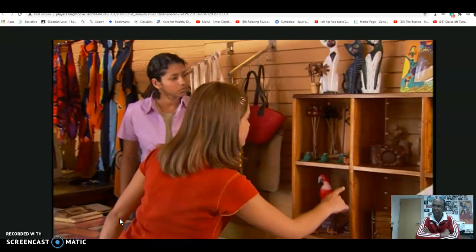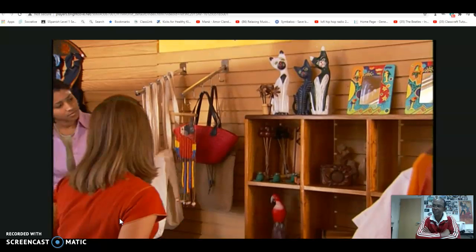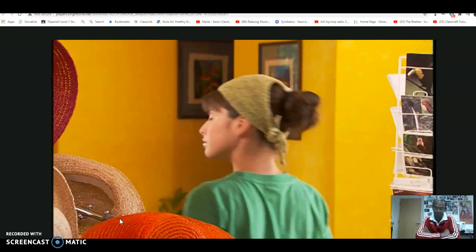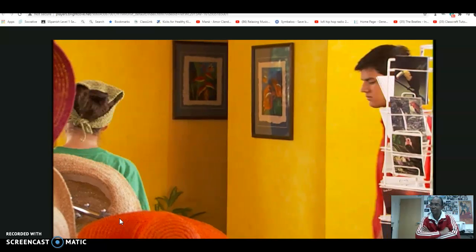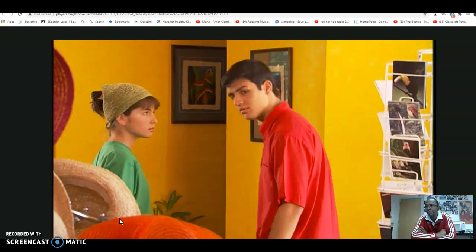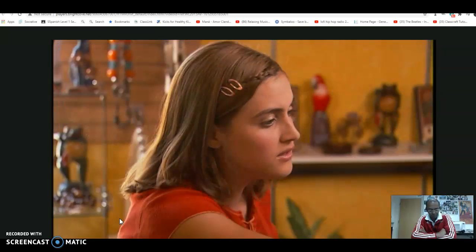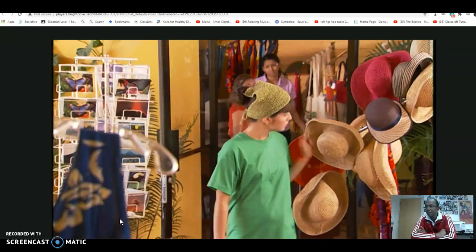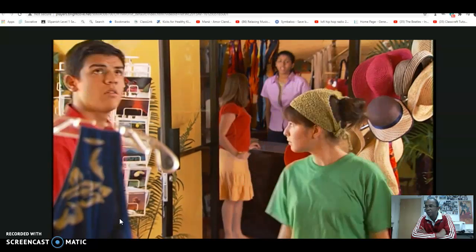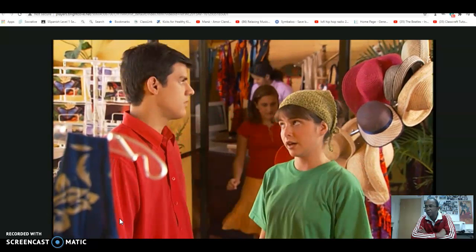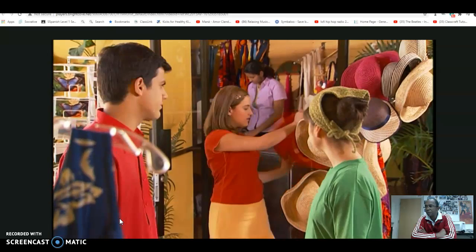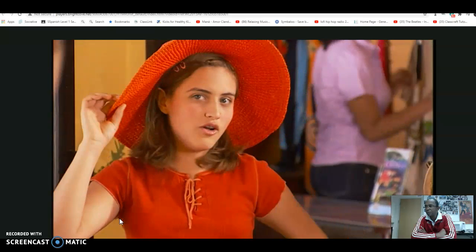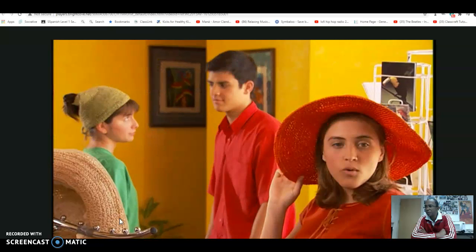Me encantan las artesanías. ¡Qué bella! ¿Usted la hizo? No. El sombrero, ¿podría verlo? Ella no puede estar en la película. ¿Te gusta el sombrero? Me gustaría comprarlo. ¿Cuánto cuesta?